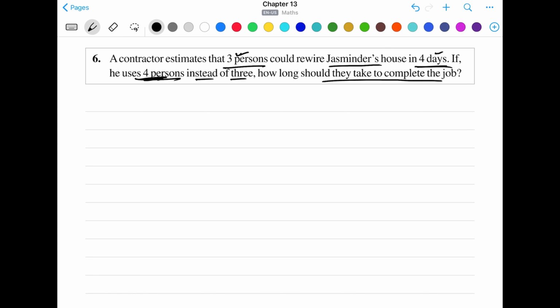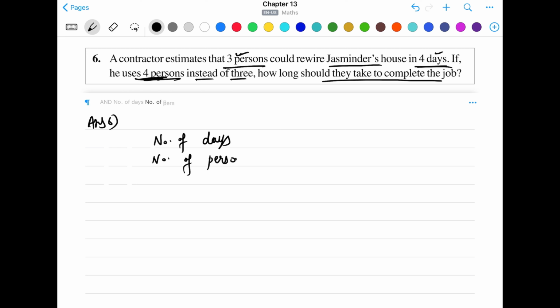So let's first write this in tabular form. This is answer number 6. We'll write the number of persons and the number of days. You can interchange that also; you can write the number of persons first and the number of days later.